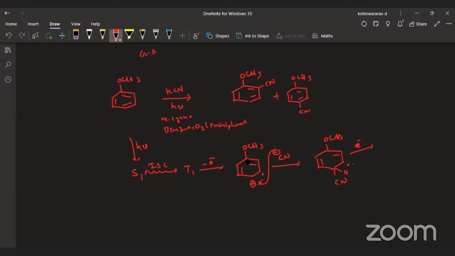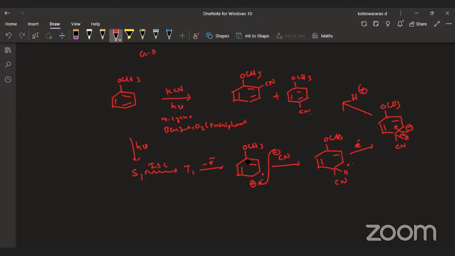Then it leads to the formation of an anion intermediate, the negative charge. OCH3 will be donated here. The elimination of H plus leads to the formation of that paracyano product.